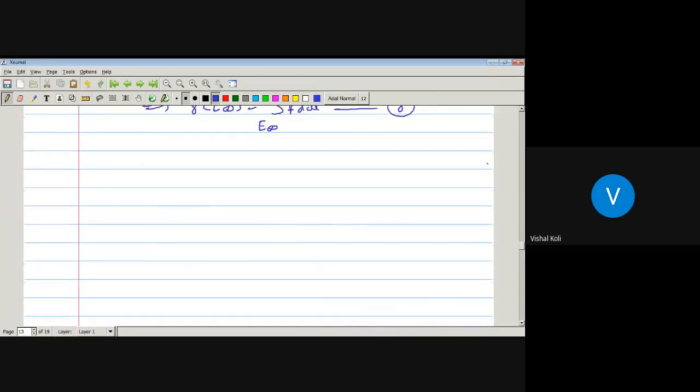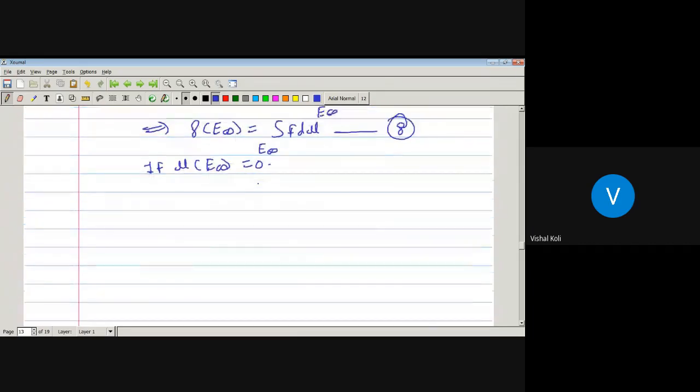If the measure of E infinity is greater than 0, we get gamma of E infinity is nothing but the integration over the set E infinity of f d mu.